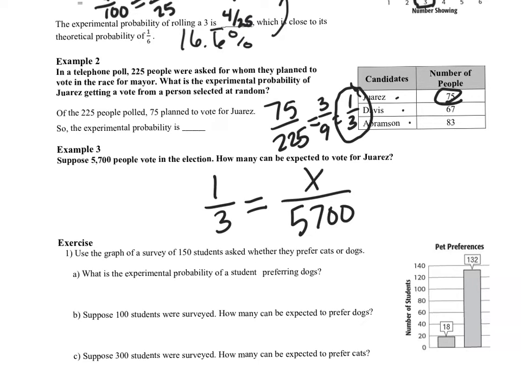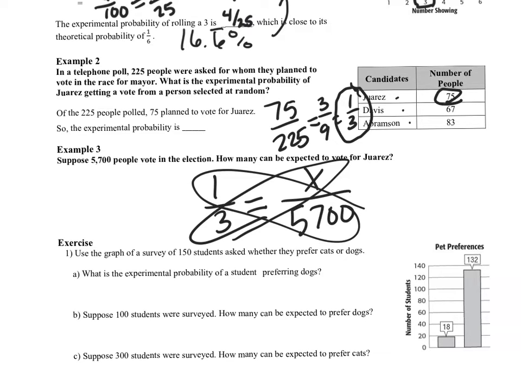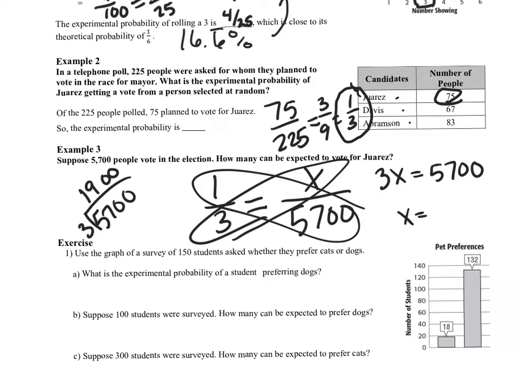We've seen that before, right? Can we solve that? Yeah. So 3 times x, 5,700 times 1. 3x equals 5,700. 5,700 divided by 3 is going to equal 1,900. So out of 5,700 people, Juarez can expect about 1,900 people to vote for him.